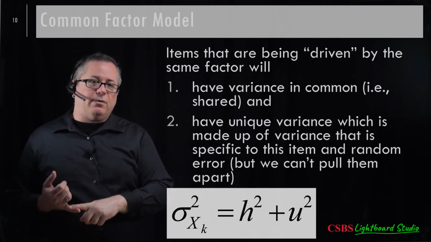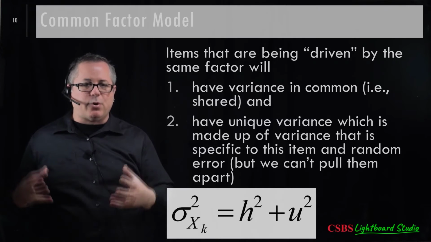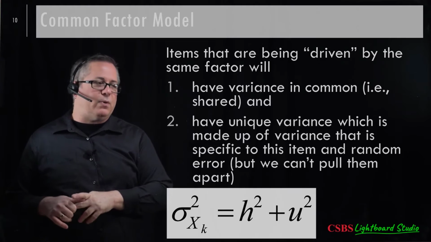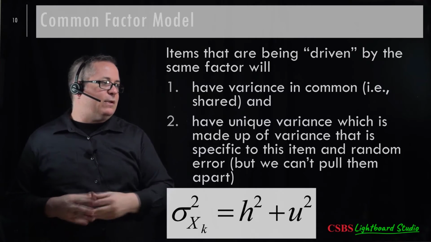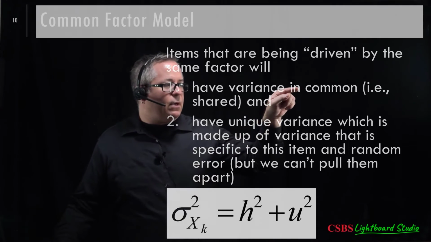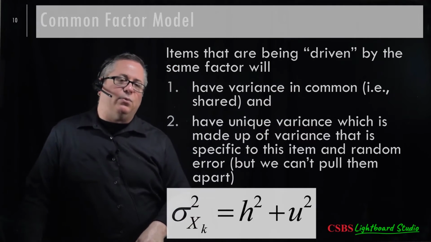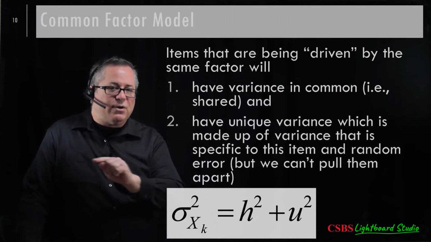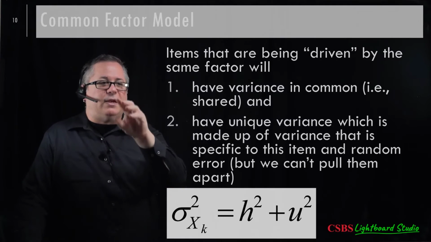If they are all measuring the same thing, they should all have some part of their variability, some part of the variance that is common, that is shared, which is why this is called the common factor model, a common variance factor model, because we're trying to identify the common variance, the variance that these items share with one another. And the assumption here is the reason why the items share that variance is because that variance is being driven by the same one factor.